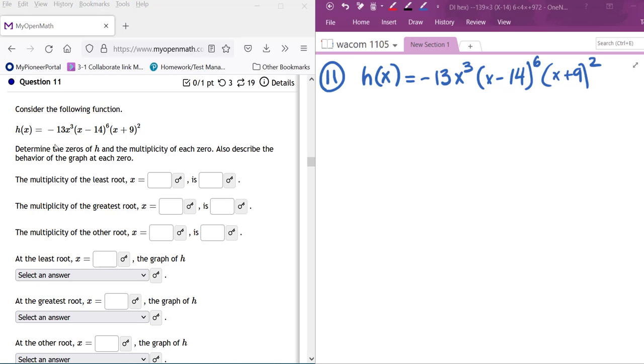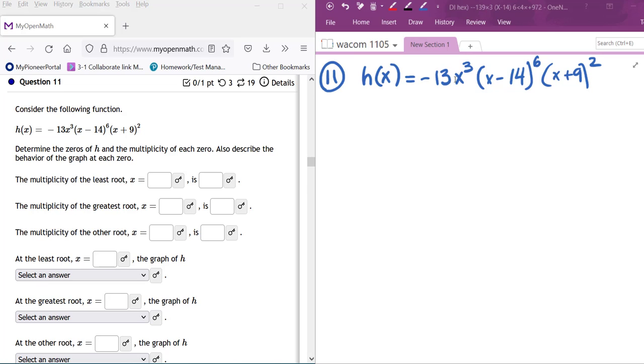We have the function -13x cubed times (x minus 14) to the 6th, times (x plus 9) to the 2nd. It says determine the zeros of h and the multiplicity of each 0. Also describe the behavior of the graph at each spot. Your exponent is going to tell you about your multiplicity, and this is already in factored form.